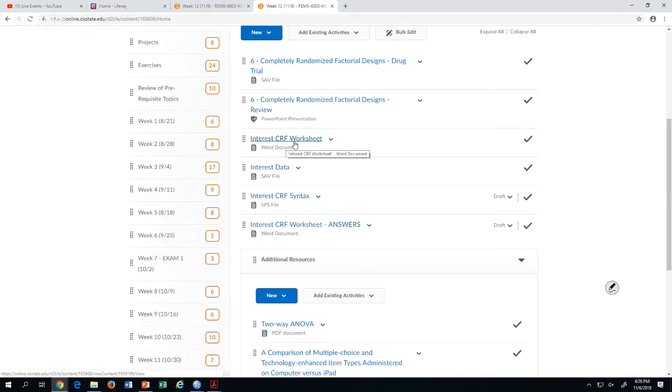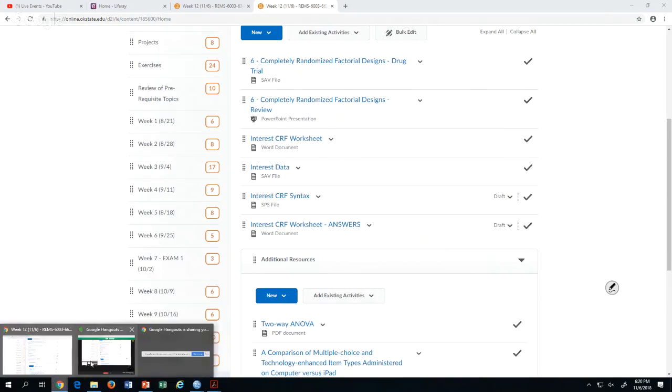But there were those additional factors of gender and something else that was on there. And so now we can use those for our factorial design. So that's what the worksheet is specific to, doing some of this in SPSS. So for the remaining time, you can just work on that and let me know if you have any questions. Okay? Good deal.